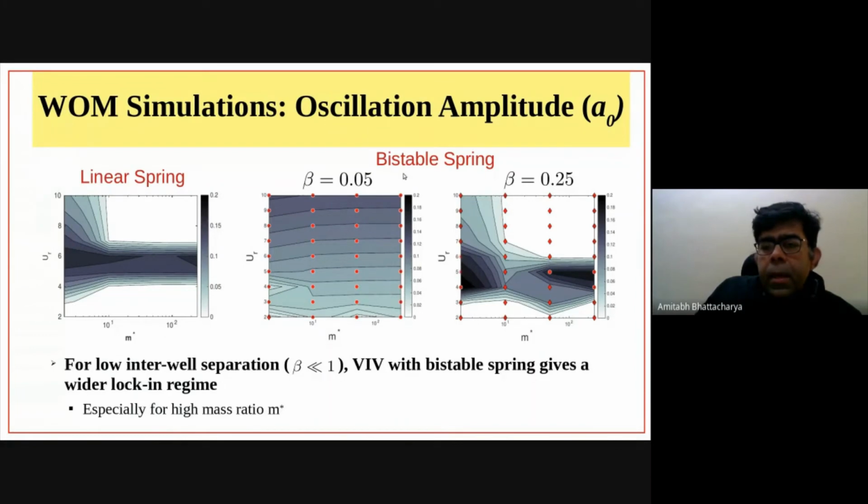If your interval separation goes up even more, so beta equals 0.25 compared to 0.05, which has a much larger interval separation, then again for large mass ratios you have a limited range of reduced velocity over which oscillations occur. So with bistable springs, I can go for very small values of beta and get a fairly large range of reduced velocities over which the oscillation occurs.